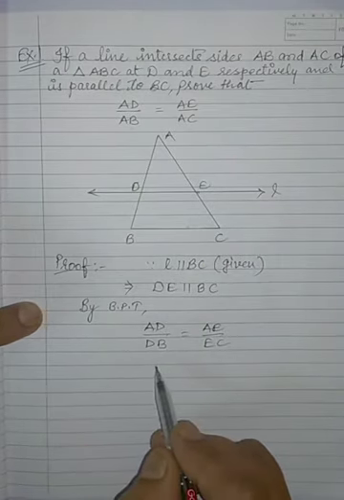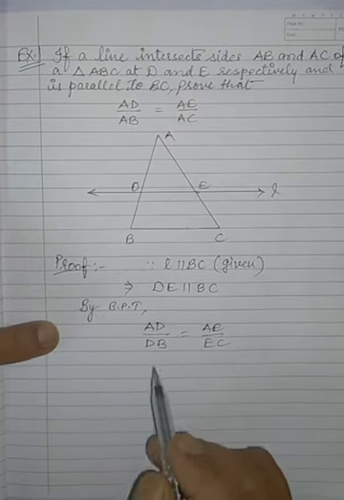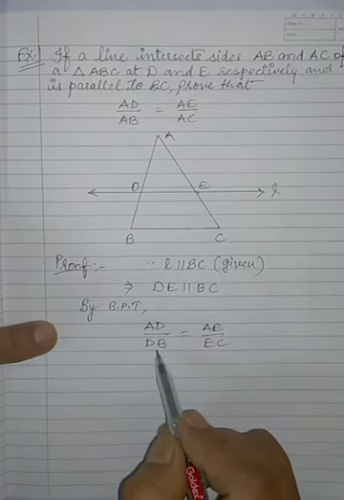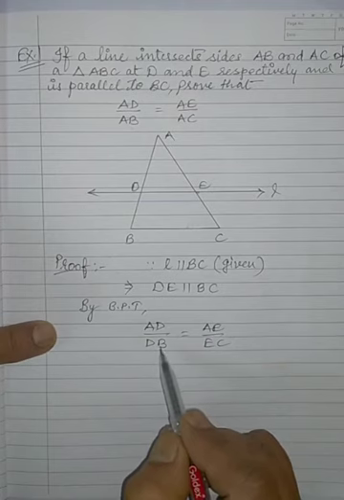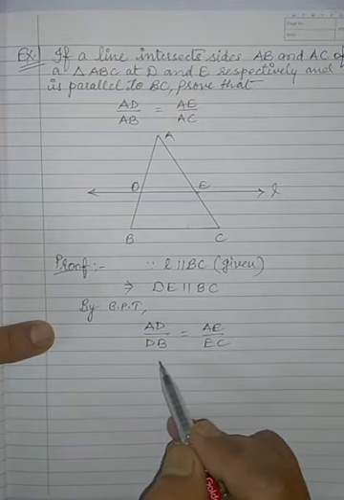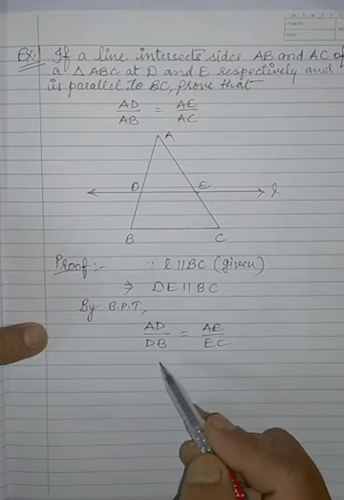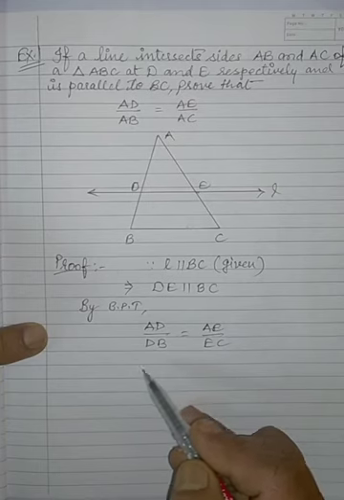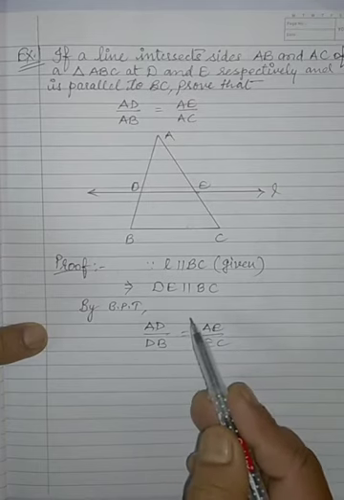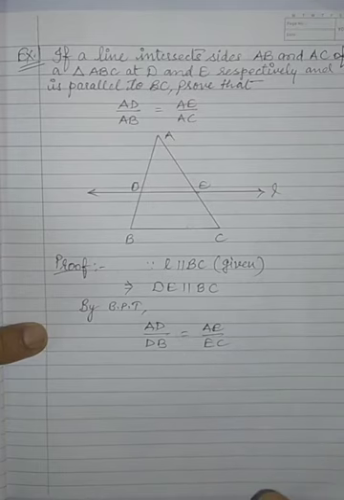Now children, here one thing you have to keep in mind, that out of the ratio, whatever part is desired, which is required in the proof, should remain in the denominator, and the other part which is not required, that is going to be eliminated, that is going to vanish, should remain in the numerator.